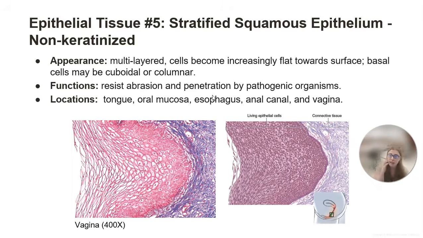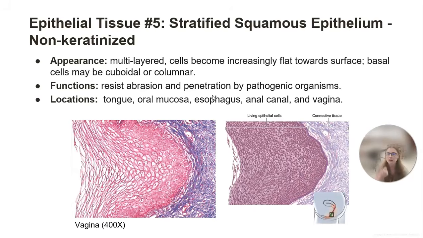So by being able to be pulled away and to be able to get scraped off, we're protecting the underlying tissues there. So we're going to find stratified squamous non-keratinized epithelium in places where we want to be able to have wear and tear on that surface tissue.